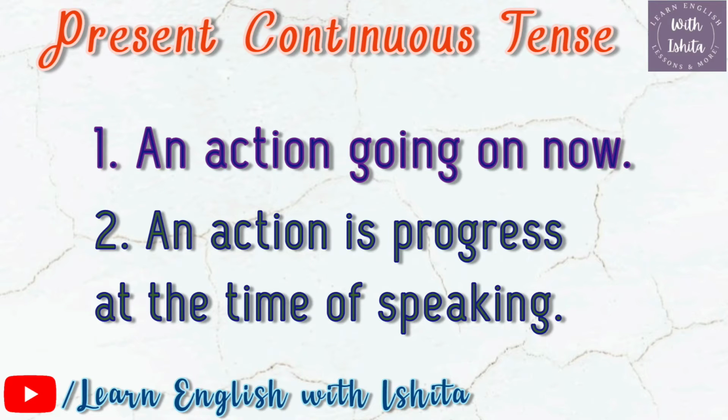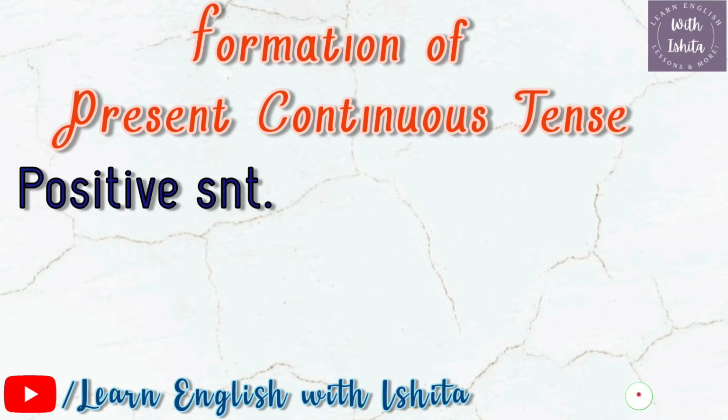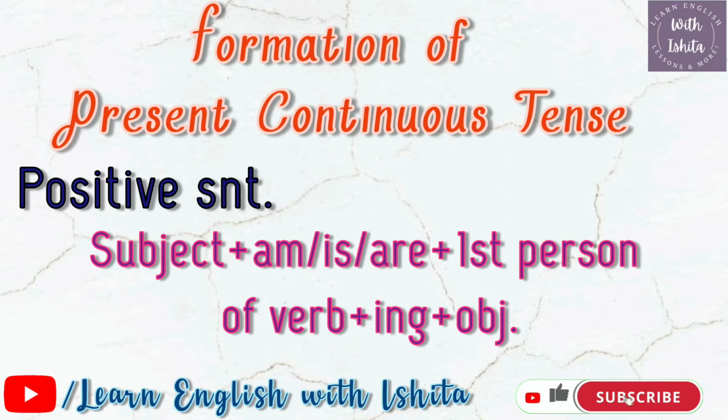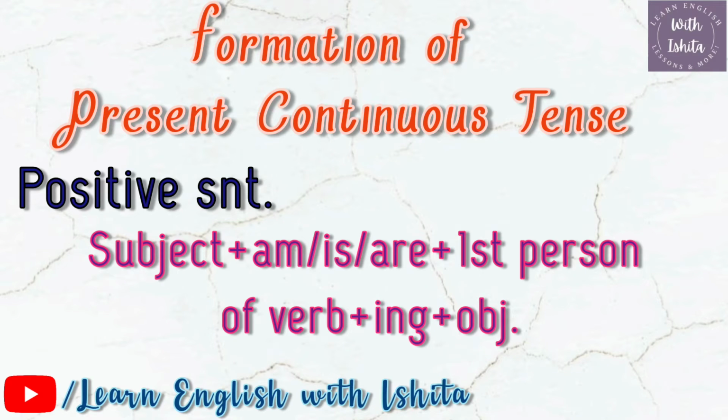Now let's read about the formation of the present continuous tense. Structure of positive sentence first. Number 1, subject plus am or is or are plus first form of verb plus ing plus object. Because it is a continuous tense, we must use ing.